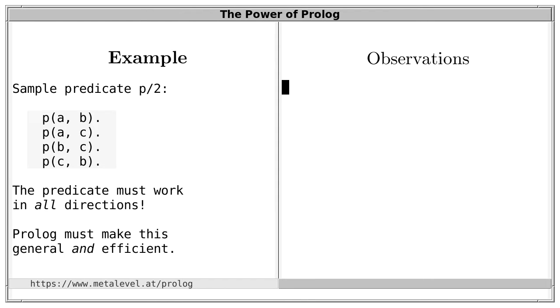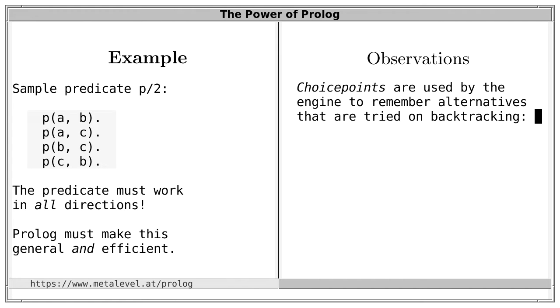And to understand indexing, let's make a few observations about this sample program. First, we need a basic understanding of choice points. Choice points are a mechanism that's used by the Prolog system to remember alternatives that must be tried on backtracking. So, choice points are created internally by the Prolog system. For instance, suppose we have a predicate R where our sample predicate P is used as one of the goals, and possibly some other goals also occur.